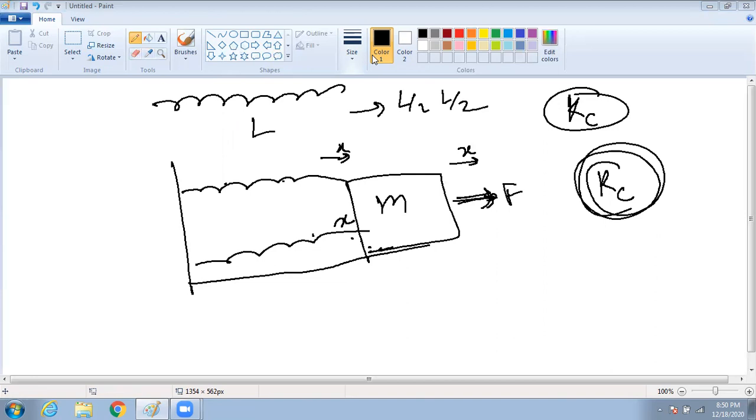Sir, will it be 4 by L? Sir, it is 4L. What is being asked? Kc. Why L? Am I asking you to find L? I'm asking you to find the combined spring constant. Why will L come first of all?